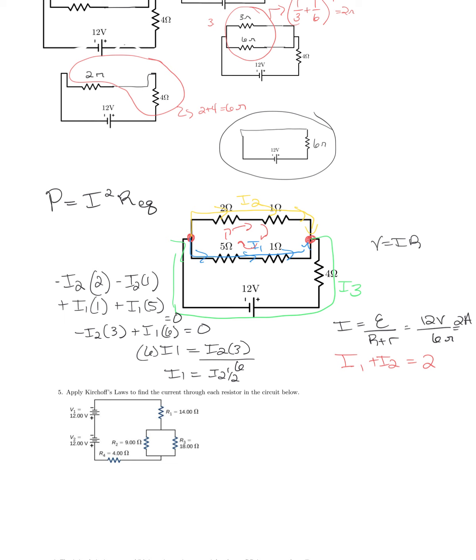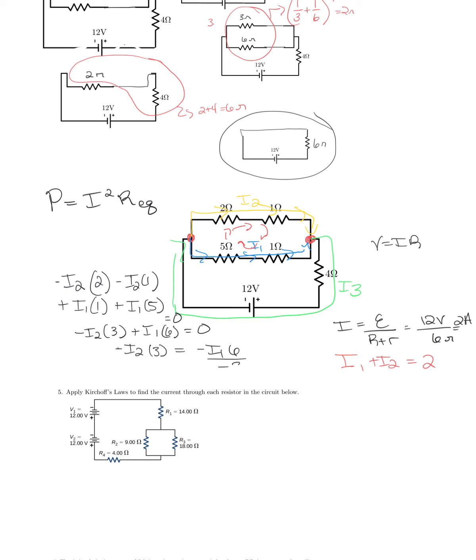I think it's better to solve in terms of I2, so that we can plug in and solve for I1. So let's solve for I2 over here. We have negative I2 times 3 equals negative I1 over 6.